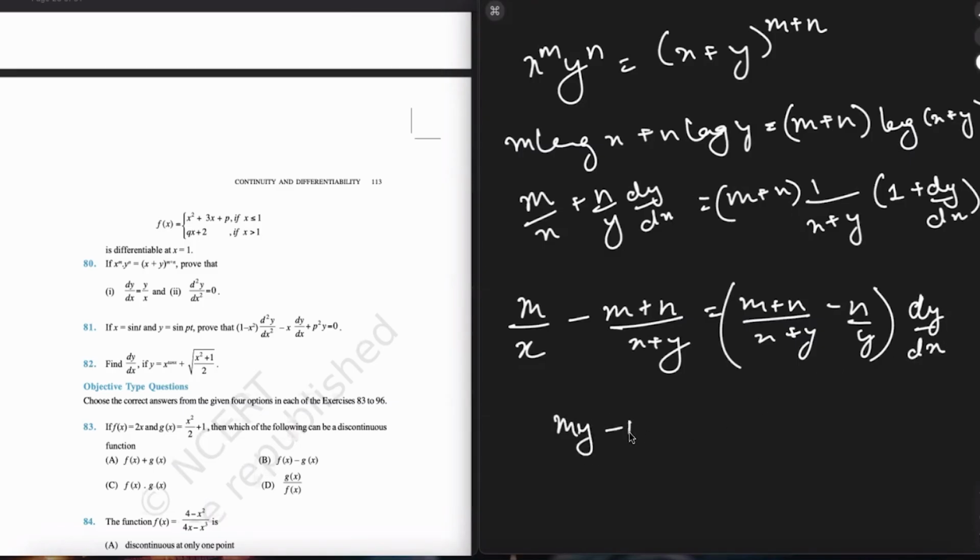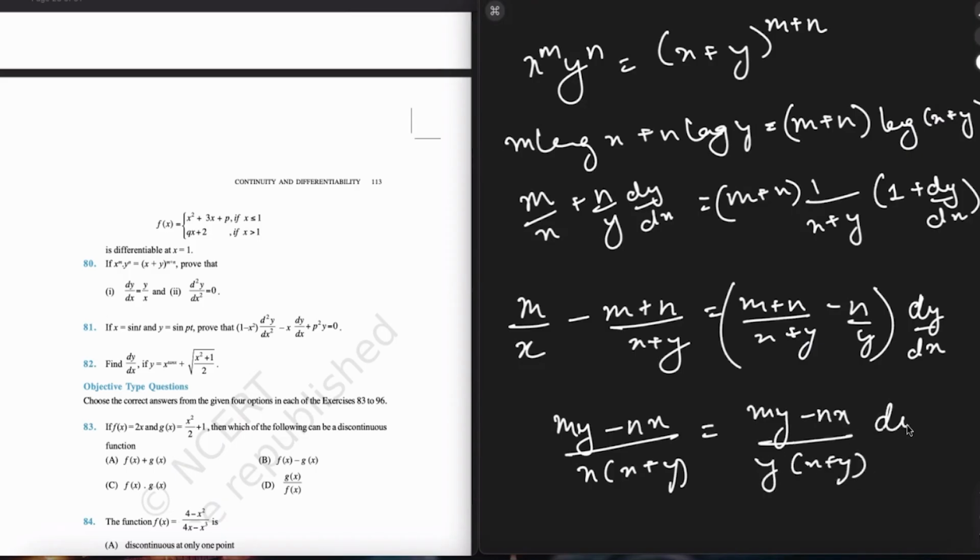So (my minus nx) all divided by (x plus y) is equal to (my minus nx) by y(x plus y) into dy by dx. Then dy by dx is equal to y by x. This proves the first part.